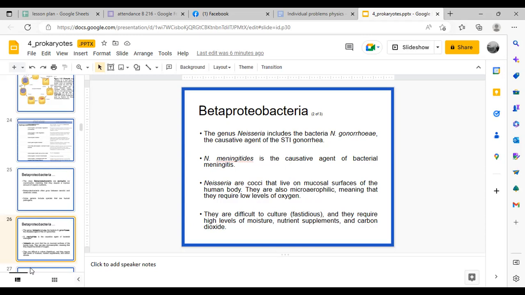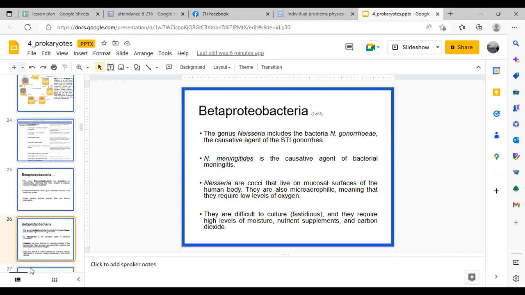So this is the causative agent of meningitis. So Neisseria are cocci. So they live in the mucosal surfaces of the human body. So they require low levels of oxygen. So that means microaerophilic.